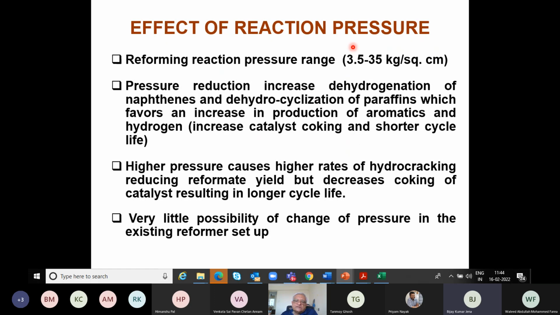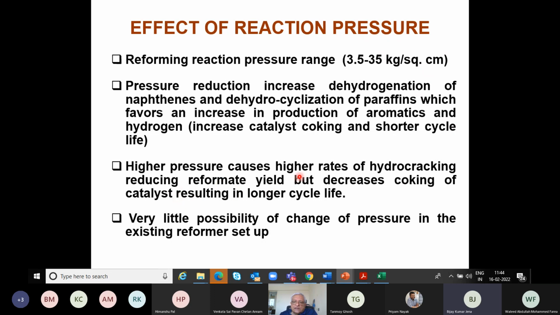So we take advantage in the CCR reformers of continuous regeneration by dropping the pressure. But in semi-regenerative reformers, where we want to decoke, let's say, once in a year, we operate at a higher pressure so that the coking rate is suppressed. So higher pressure causes a higher rate of hydrocracking, so it reduces reformate yield, but decreases coking of the catalyst.